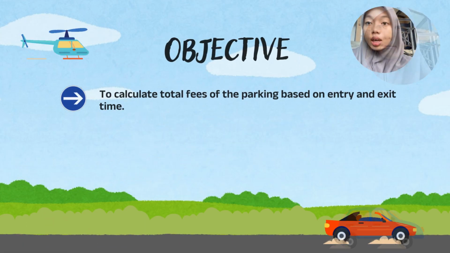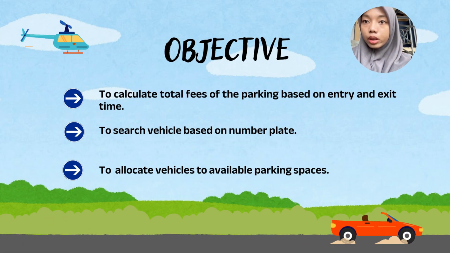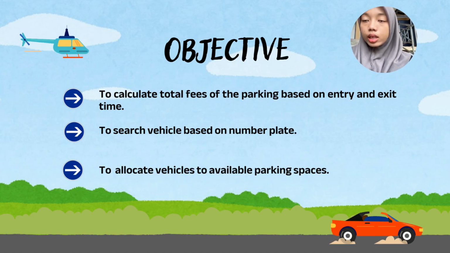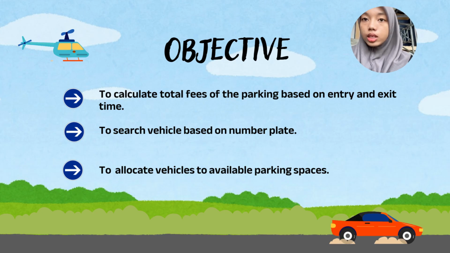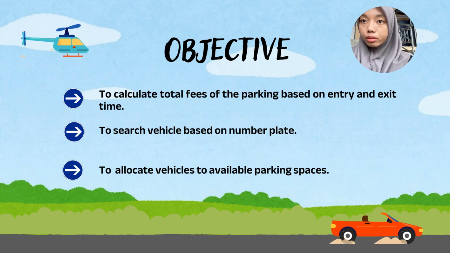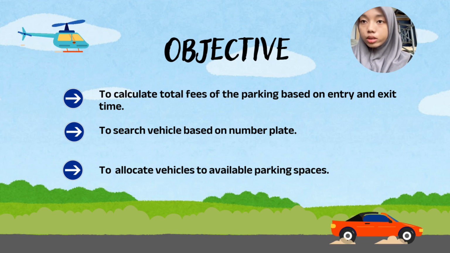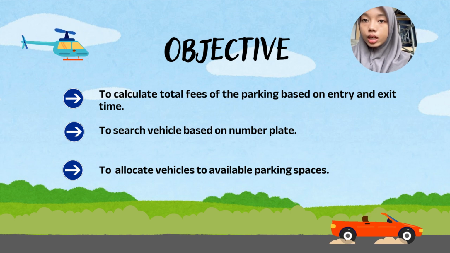Thank you. In this slide, it shows the main objectives of our Smart Parking Management System. The first objective is to calculate the total parking fees based on the vehicle's entry and exit time. This allows the system to automatically determine accurate charges without manual calculation. The second objective is to search for vehicles using their number plate.